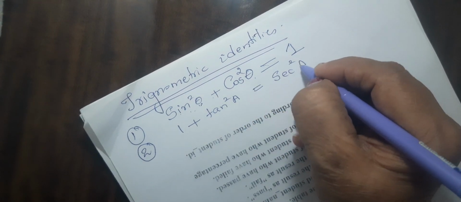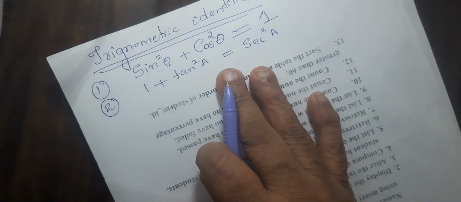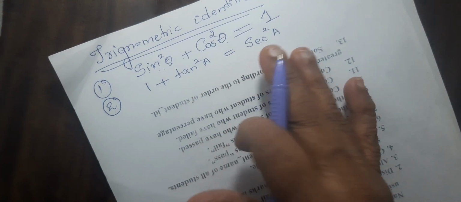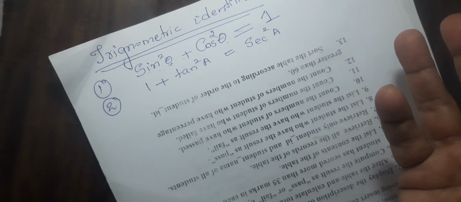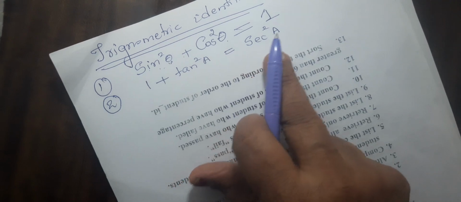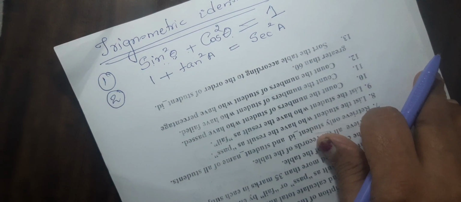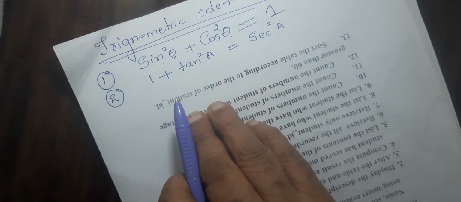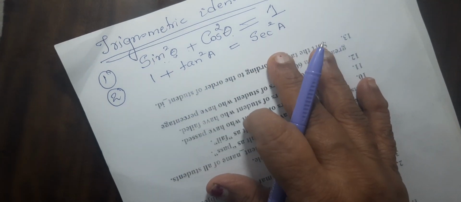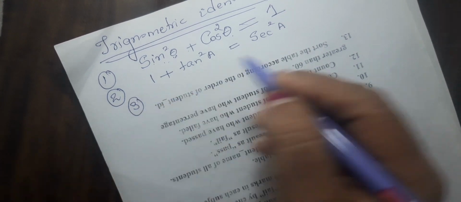This same identity I can even write like this: sec squared a is equal to 1 plus tan squared a. You have to remember it. You can even say tan squared a plus 1 is equal to sec squared a, and that can also be transformed in other ways.